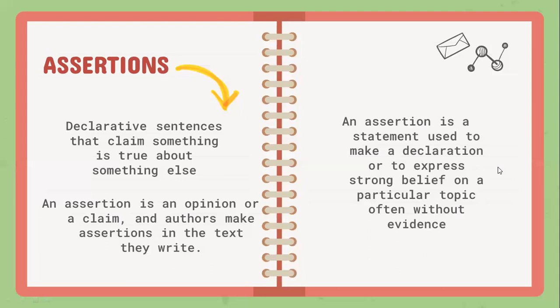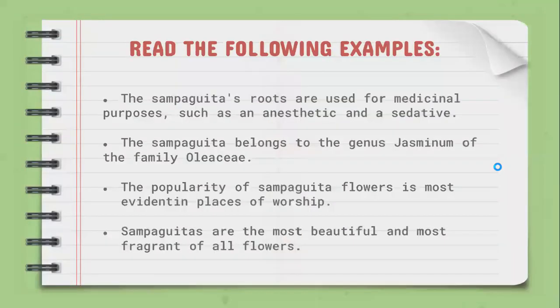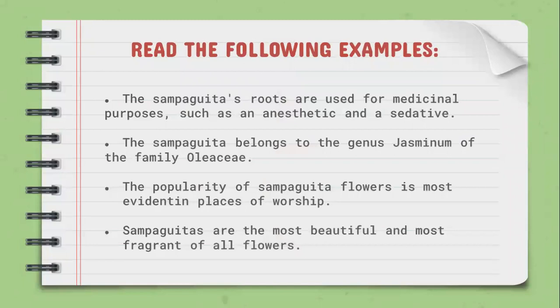So now let's move on. Here are the following examples. We have 4 bullets. For the first bullet, we can see that the Sampaguita roots are used for medical purposes, such as an anesthetic and a sedative. For the second bullet, we have the Sampaguita belongs to the genus Jasminum of the family Oleaceae.